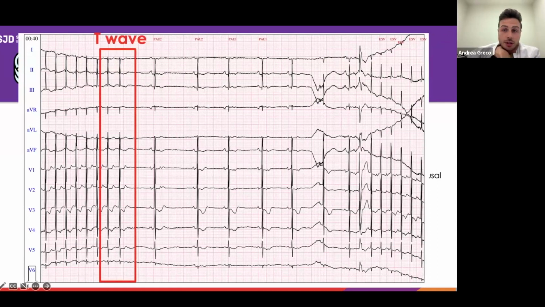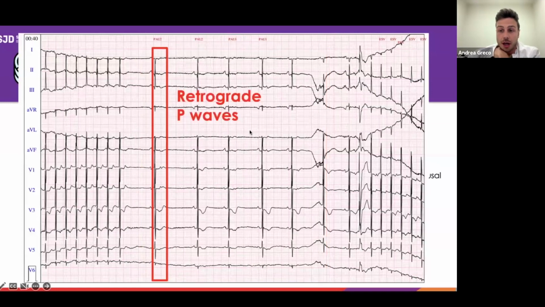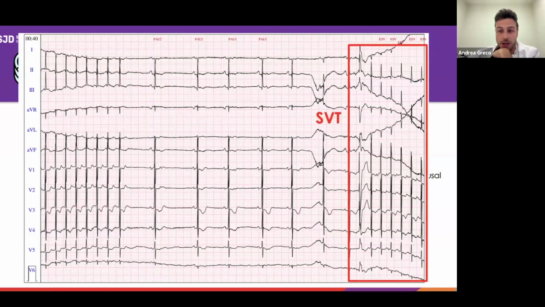After the adenosine, we see that the tachycardia ends with a T wave, with some beats in sinus rhythm, and we can see retrograde P waves in these T waves, secondary to the transient selective AV nodal block of the adenosine, characteristic of a concealed accessory pathway, and finally an extra beat with SVT restart.